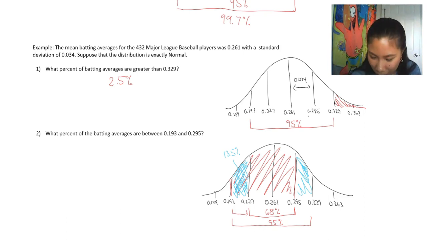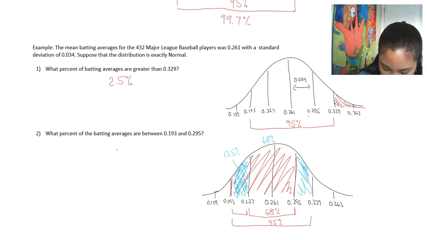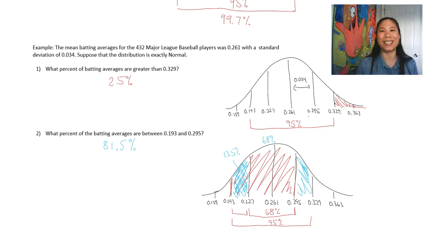And then plus this middle 68%, that should give me the total between the 0.193 all the way to the 0.295. So adding that together, I get, oh gosh, math, so difficult, 81.5%. Yeah, adding skills.